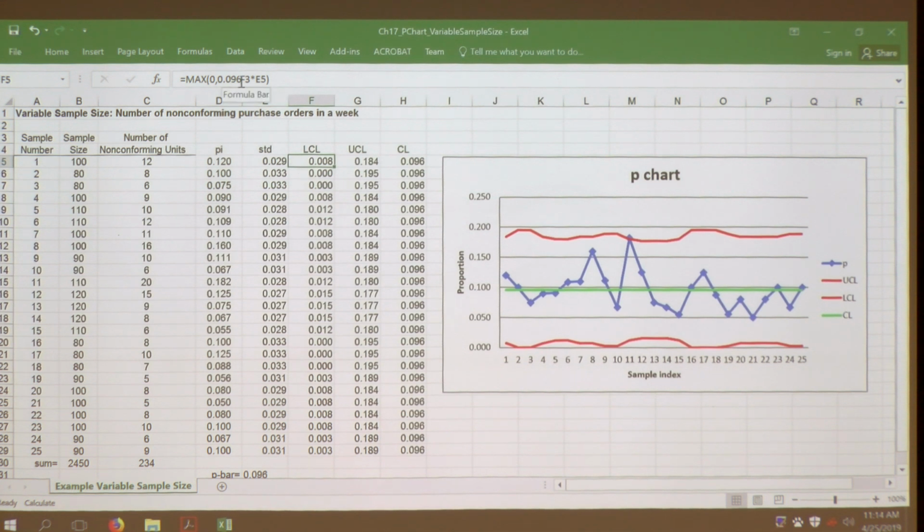So this is center line minus 3 times the standard deviation. The standard deviation is not a constant, it's a variable because the sample size is a variable. And also upper control limit is center line plus that. So what do we get? This is called a variable sample size control chart. Okay? So more flexible and more adaptive to the different sample sizes.